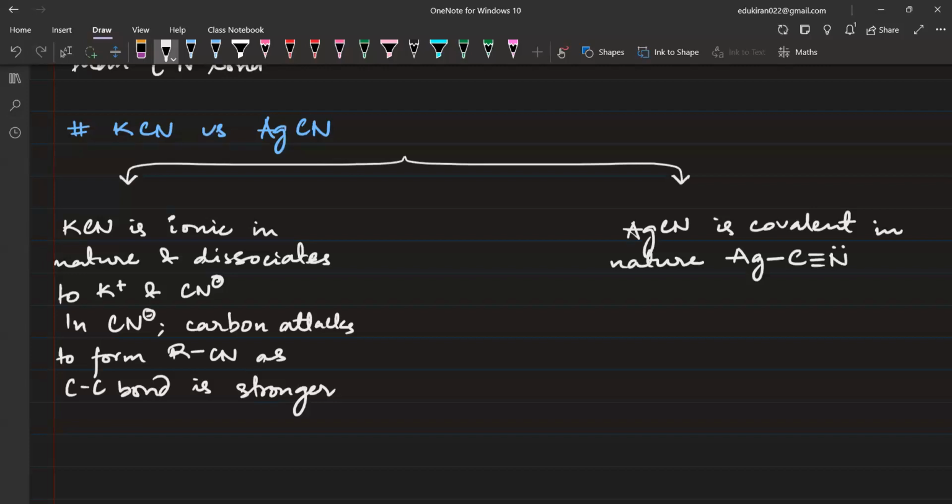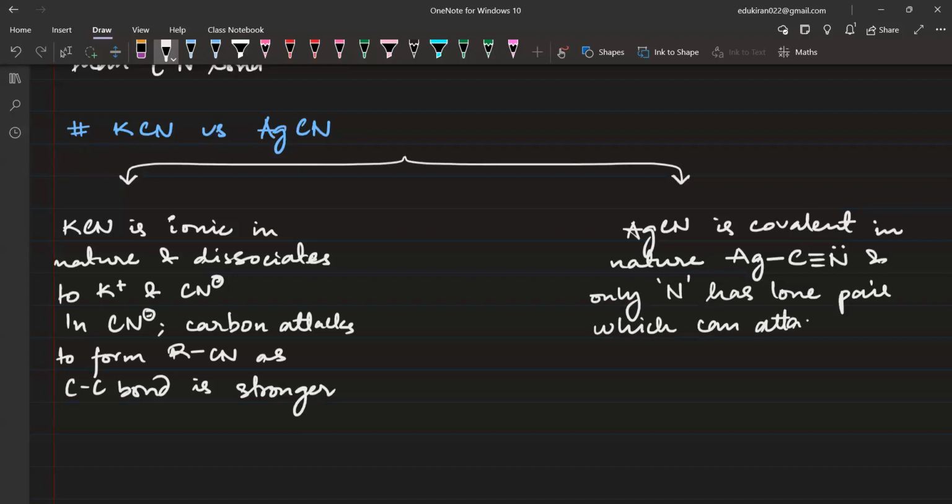Now in AgCN, only nitrogen has a lone pair, which can attack the alkyl group, rather the haloalkene लिख लीजिए, and form RNC.